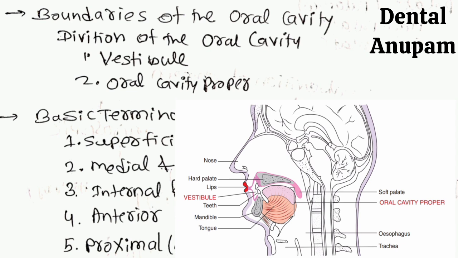It communicates with the pharynx through a narrow inlet called the isthmus of the fauces, or the oropharyngeal isthmus. Its roof is formed by the hard and soft palate, and the floor is formed by the tongue and the oral mucosal membrane lining the floor of the mouth.